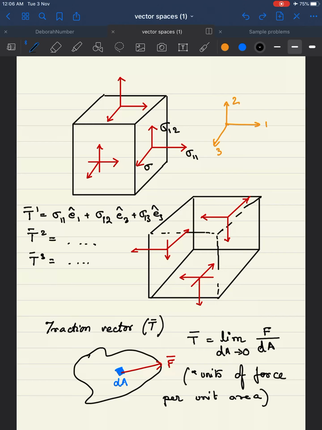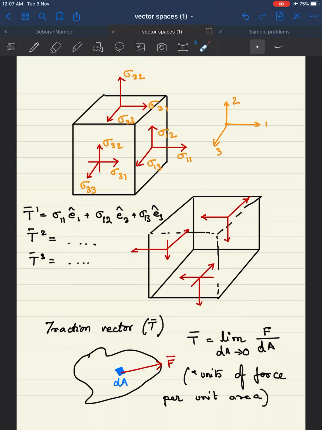Let me use a different color, because we'll have so many of these that it might be difficult to find. So this is sigma 2 2, sigma 2 1, and this is sigma 2 3. And this is sigma 3 2, this is sigma 3 1, and this is sigma 3 3.